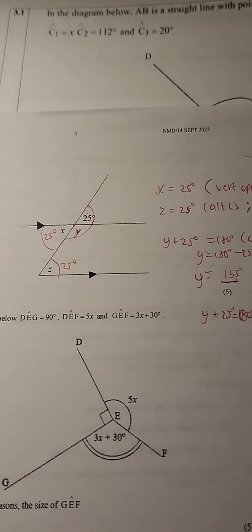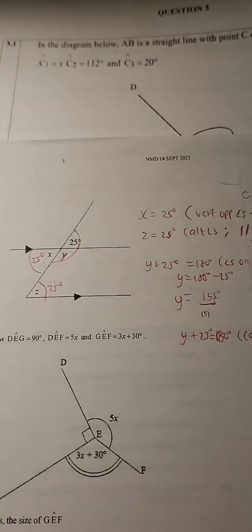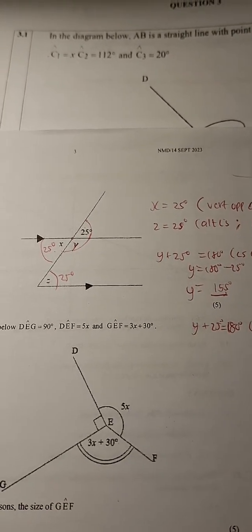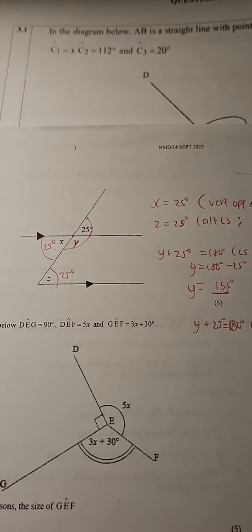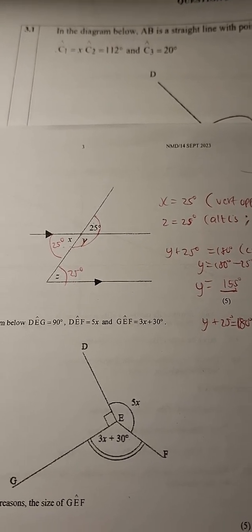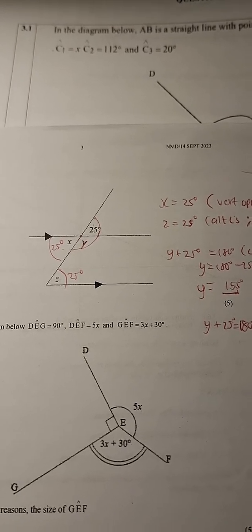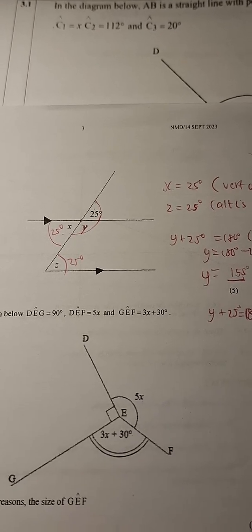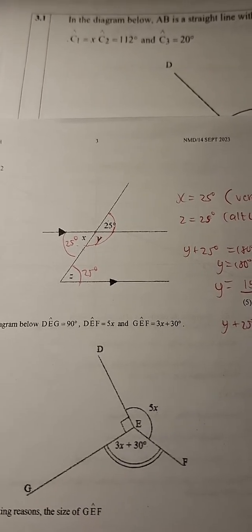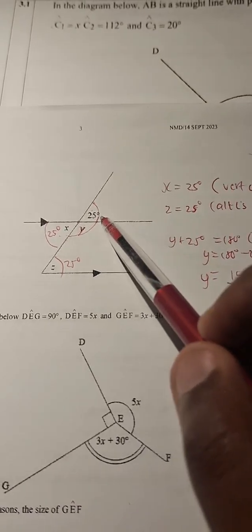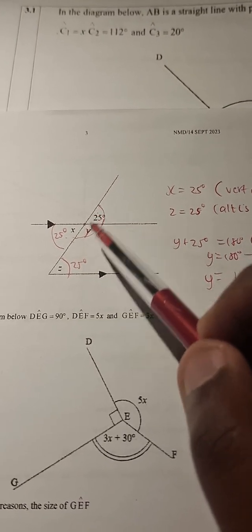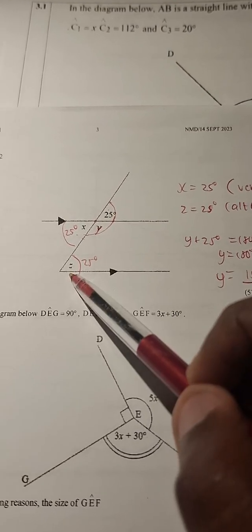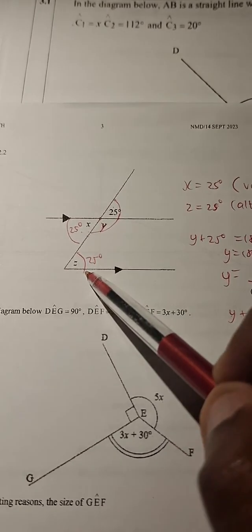All right. So I love that many people here, we may not necessarily get the answers in the same way, but our ways may be different, meaning our reasons may be different for us being able to actually get certain values, and ultimately that helps us. For instance, someone else could have started by finding z because they see the F shape.